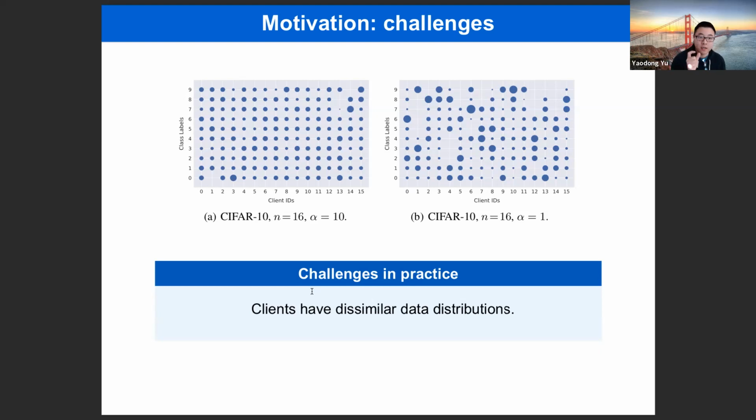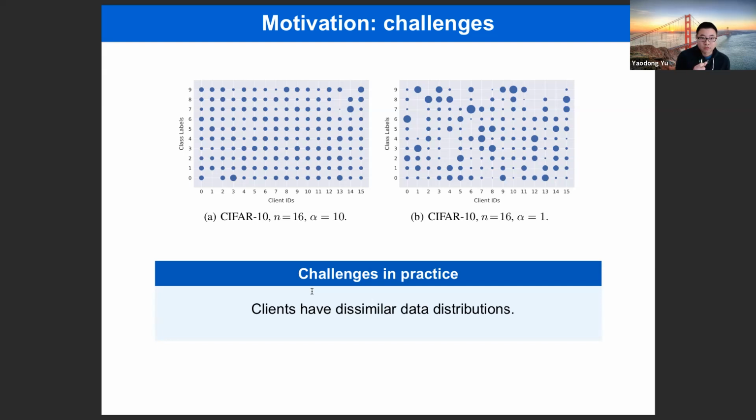For example, in the left figure, we are visualizing this CIFAR10 data set distribution. On the left-hand side, we have, say, 16 clients. On the x-axis, every column represents one client, and the y-axis represents the labels.